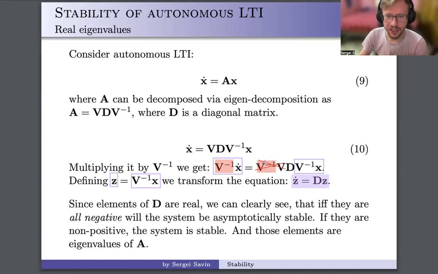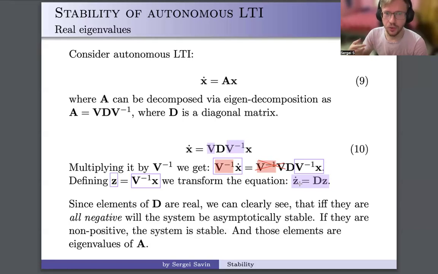First, I multiplied on both sides by V inverse, and I got rid of this. Then I introduced a new variable, and instead of having something like this here, I just got a new variable on the right-hand side, and on the left-hand side, of course. So we have a new system of equations.